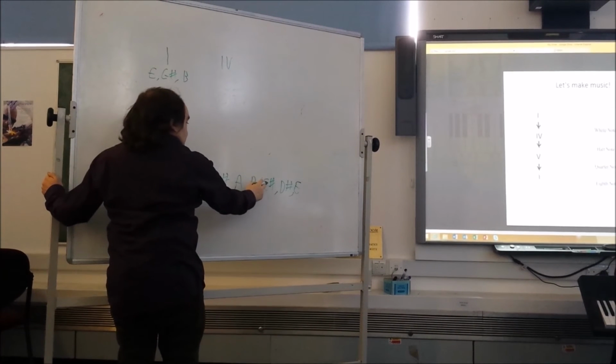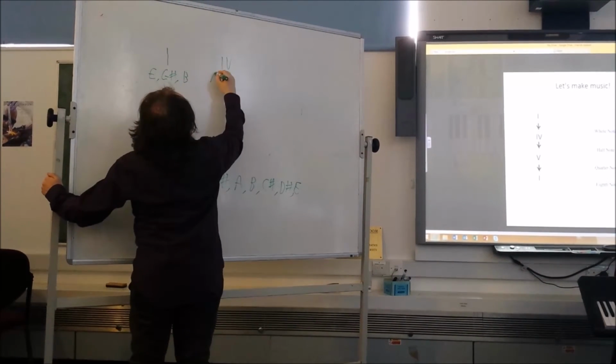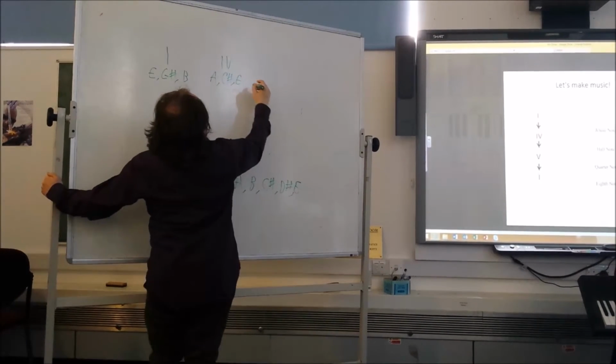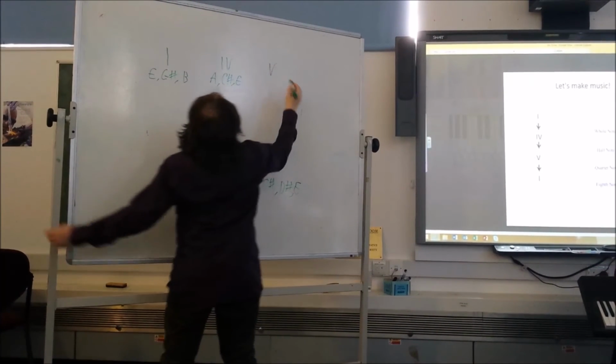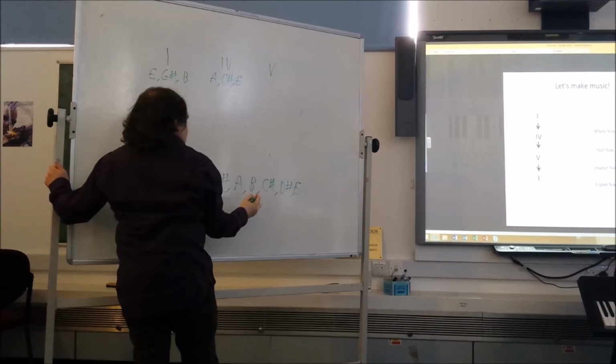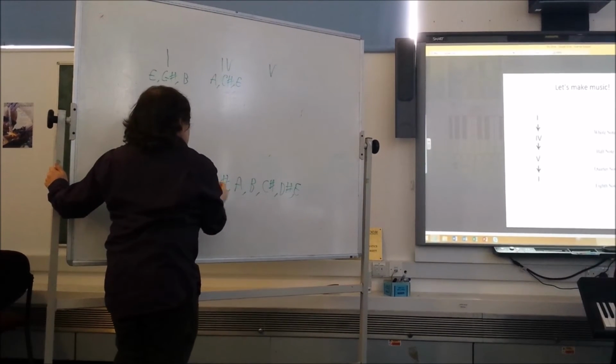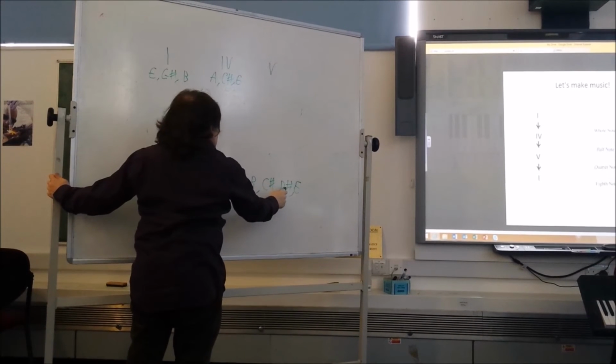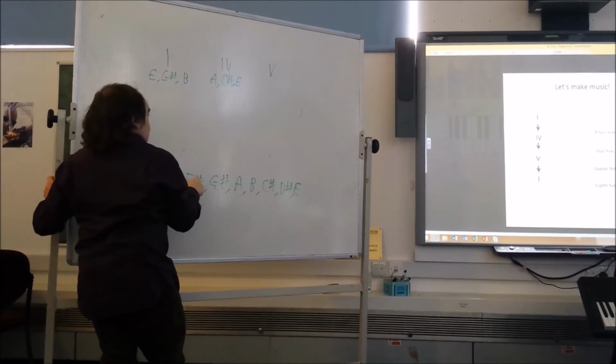So A, C sharp, E. And another important chord is 5, start on the 5th degree, is B, so we have B, D sharp, and that will go round to F sharp.